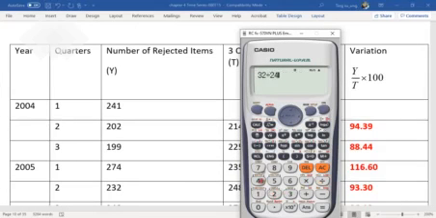232 divided by 248 times 100. Sorry, my 2 is missing, 232.